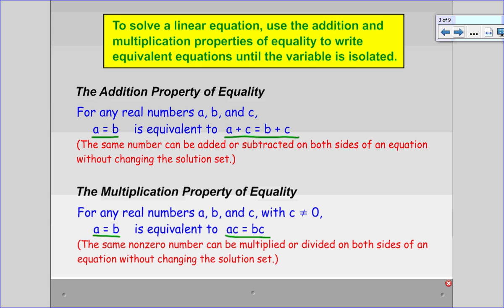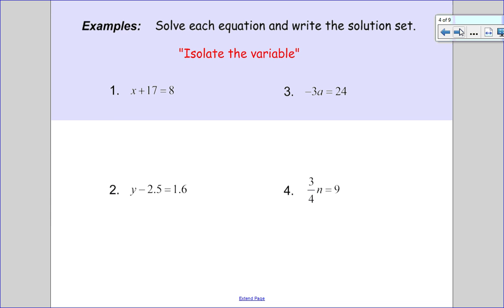This rule essentially states that the same non-zero number can be multiplied or divided on both sides of an equation without changing the solution set. Let's practice the addition and multiplication properties. Solve each equation and write the solution set. We often call this isolating the variable.